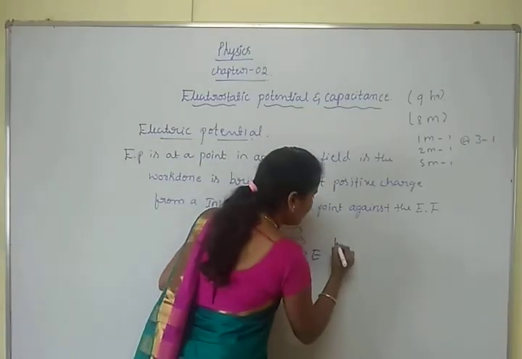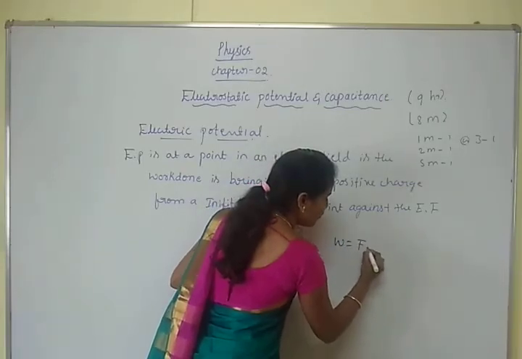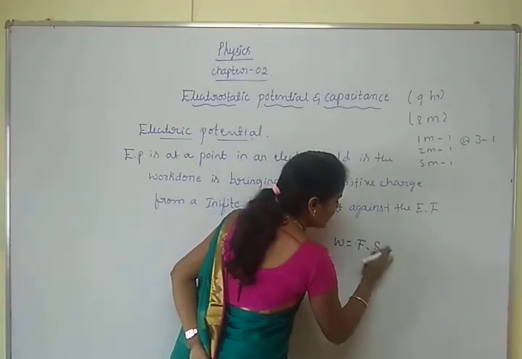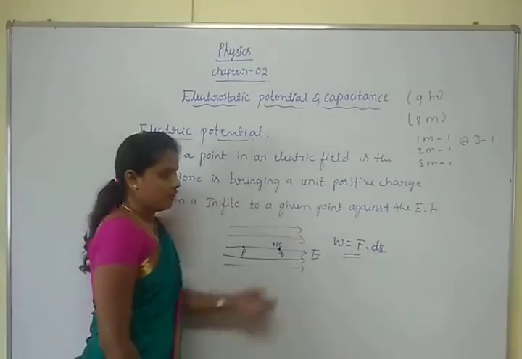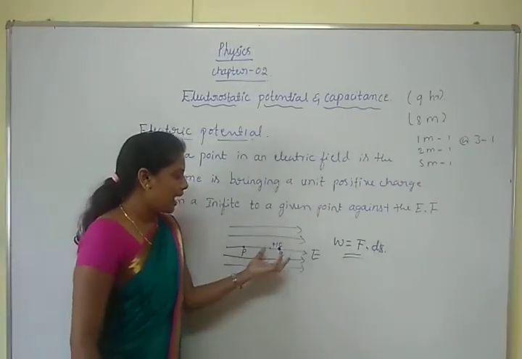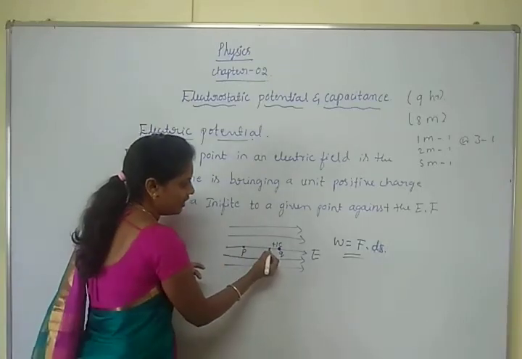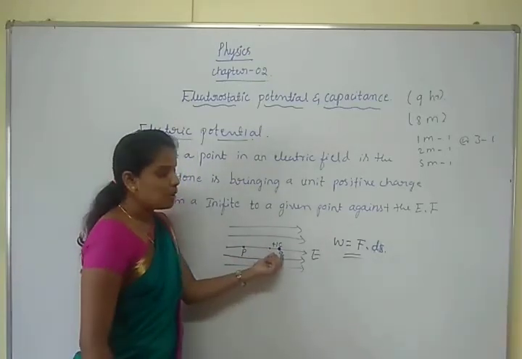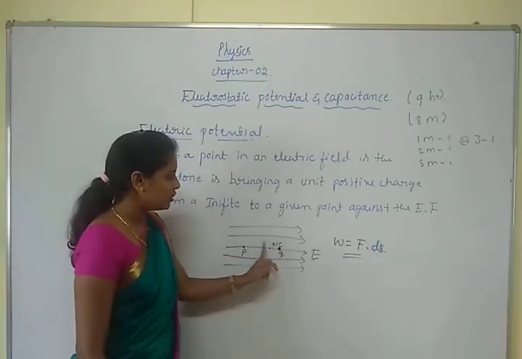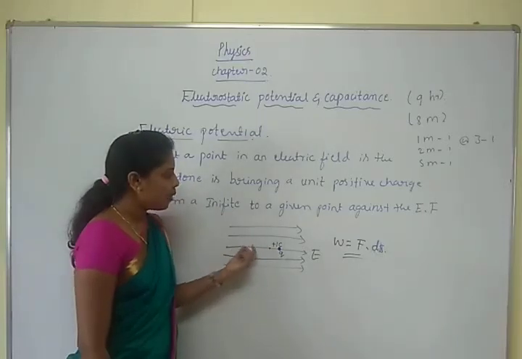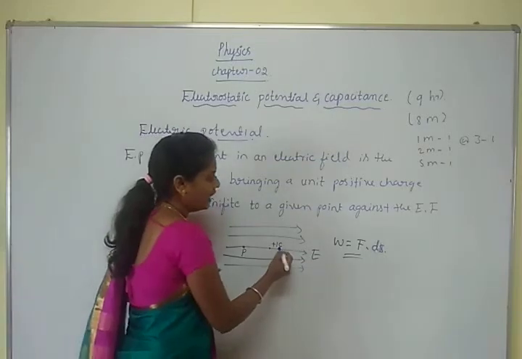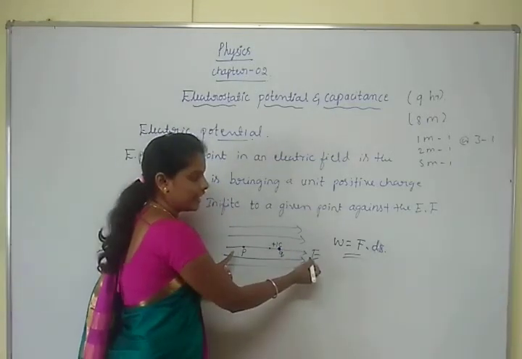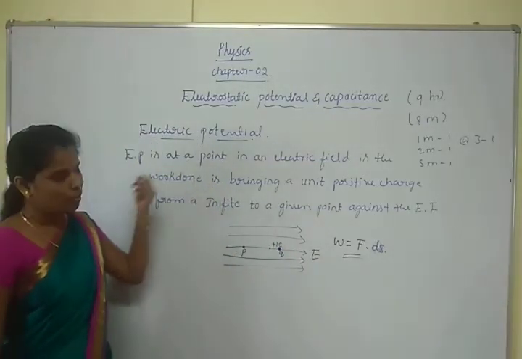Work can be defined as the product of force and displacement, F into ds. This is the actual definition of work done. The same thing happens here also. The charge gets displaced towards the given point in an electric field against the electric field. Against means opposite to the electric field. It is called electric potential.